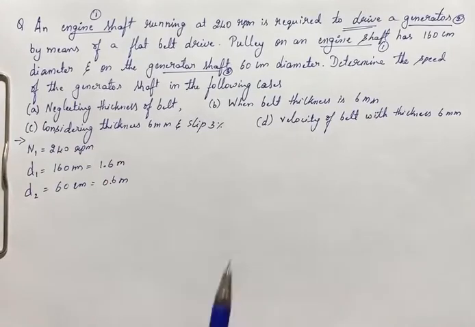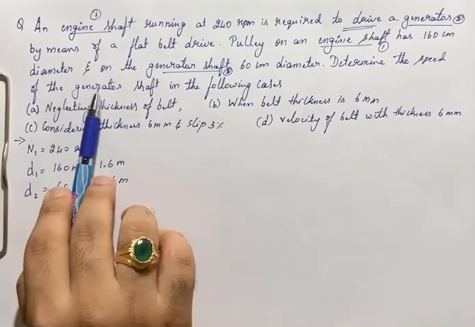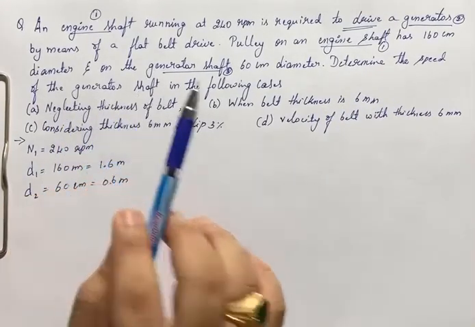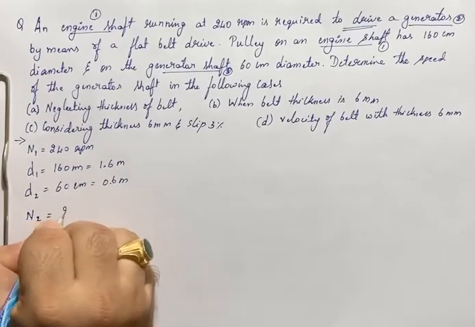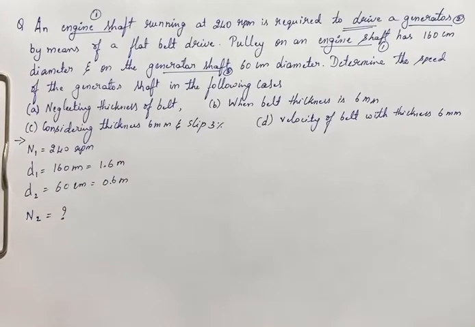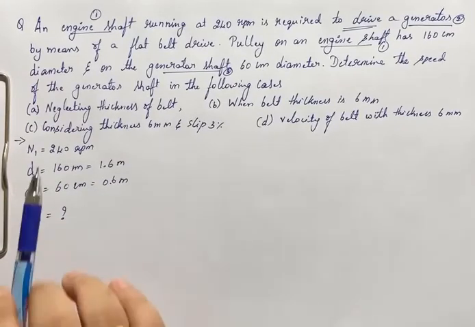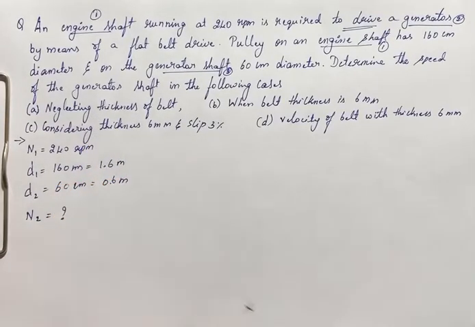Now what is asked? Determine the speed of the generator shaft. That means he has asked to find out N2, for 4 cases here. The first case is neglecting the thickness of belt. The previous numerical we have done, N2 by N1 is D1 by D2.